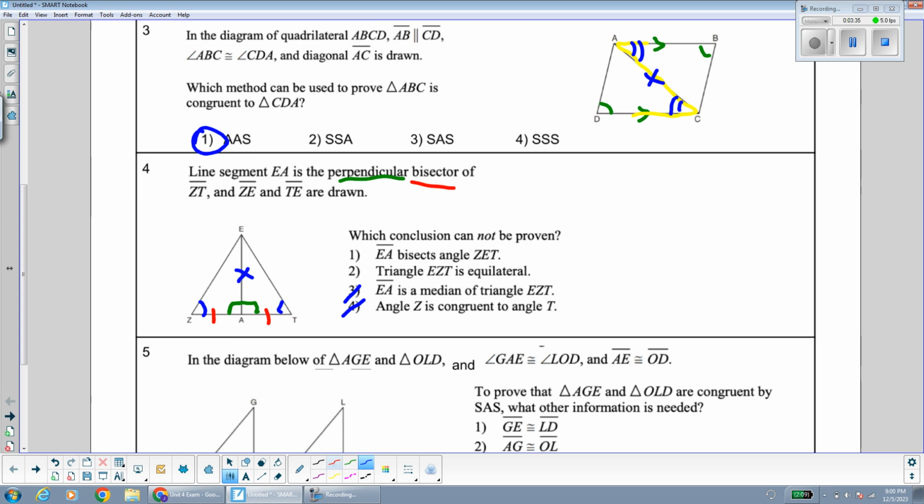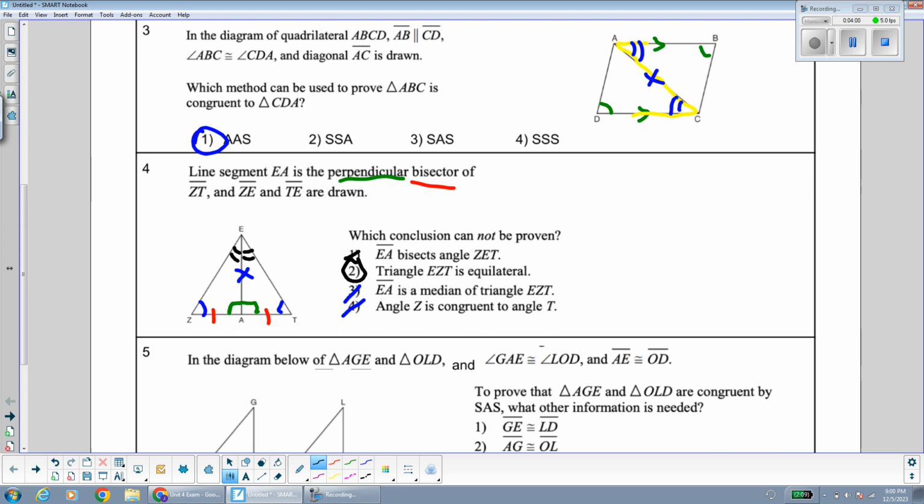And since we said that the two smaller triangles were congruent, we can also use CPCTC on these two angles here. If these angles are congruent, then this whole angle is being split into two congruent parts. So we do have an angle bisector here. So that's not true. That leaves us with answer choice 2.